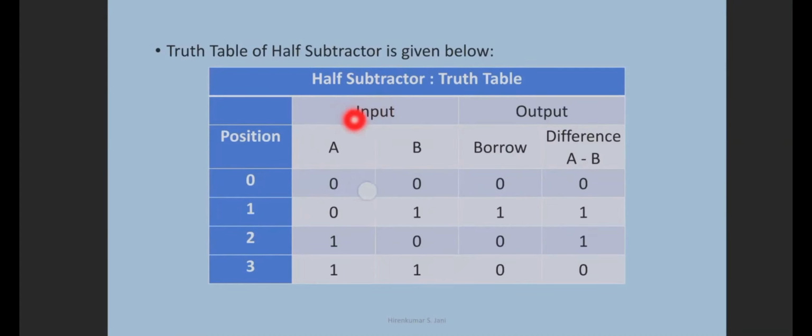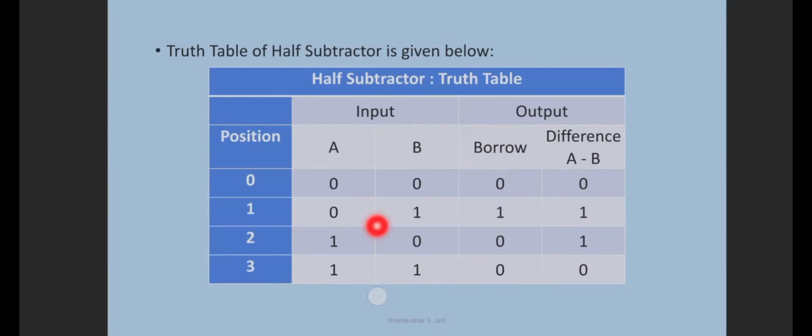Here we have input A, input B, output borrow and output difference. Let us take the first case, both 0, 0. So the difference is 0 and borrow is also 0.